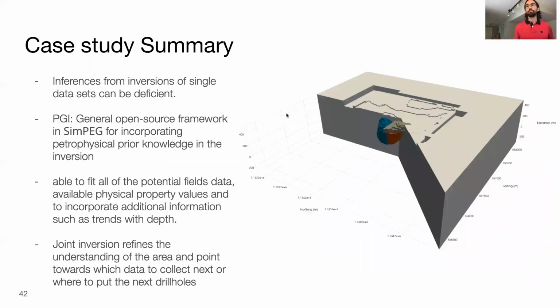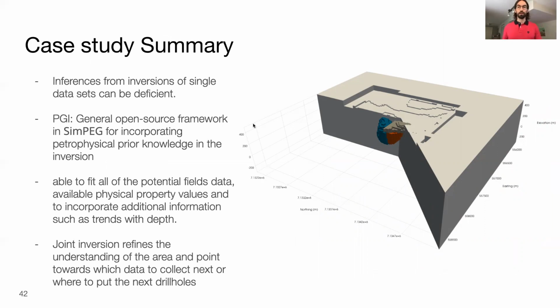So that's the summary of our case study. We show that there are many deficient inferences we can make from a single data set, even though we can include physical property information. And we also showed how we can use that new PGI framework to make assumptions about another unit that has not been mapped or sampled properly.